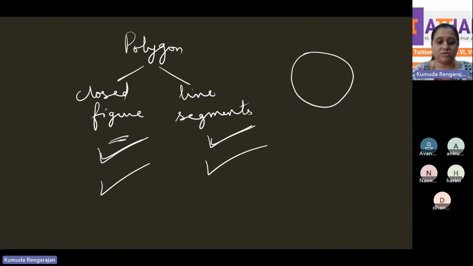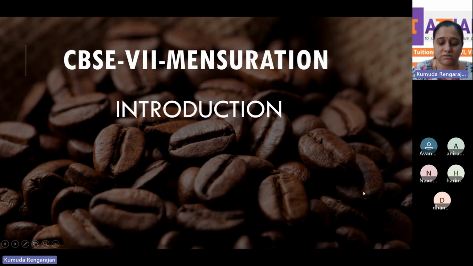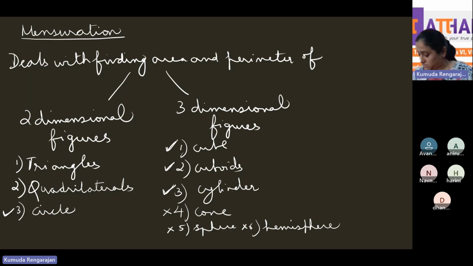Take down everything, children. Write down everything from the first slide. Give the name of the chapter, mensuration. Write down all that you see on the screen.